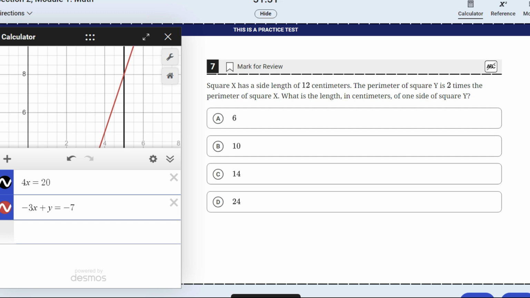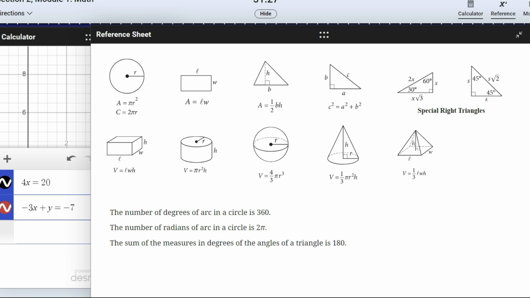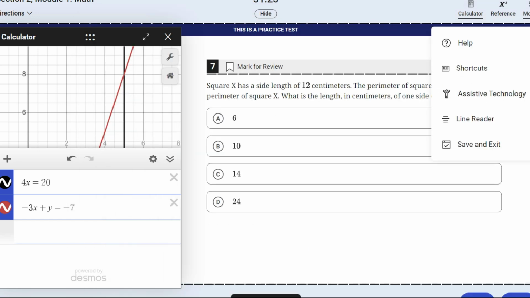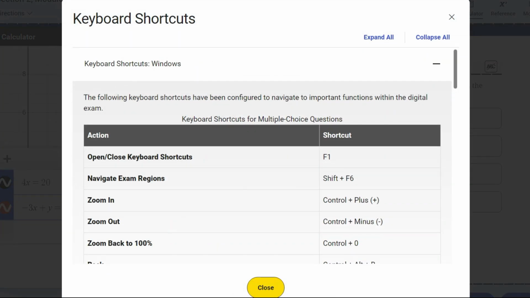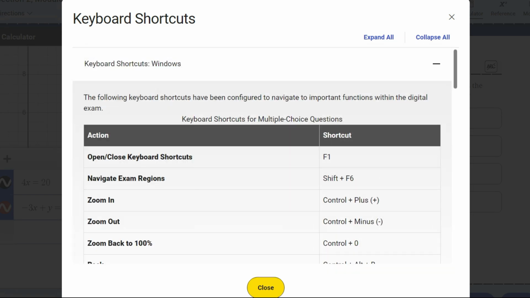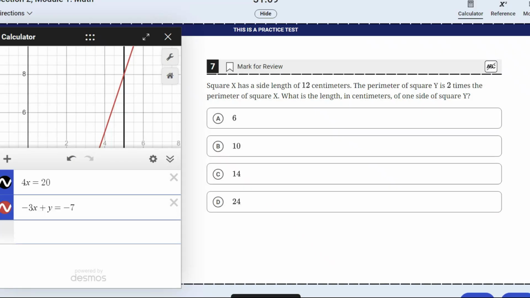All right, next one. The square X has a side length of 12 and the perimeter of square Y is twice. I thought I could find a highlighter here, but apparently it's not present for the math part, which is a bit upsetting.